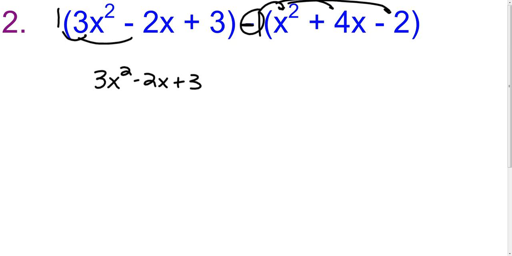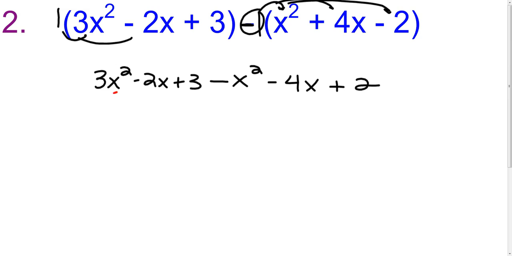What that does is it changes the sign on every term in that parentheses. And so instead it becomes negative x squared and negative 4x and positive 2. And now you need to combine your like terms. Okay, you're subtracting the entire quantity, not just the first term in that parentheses, and that's a super common mistake.